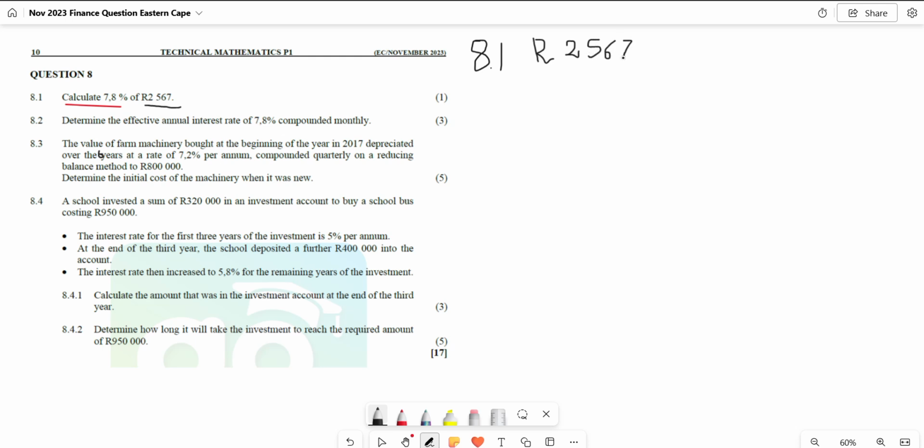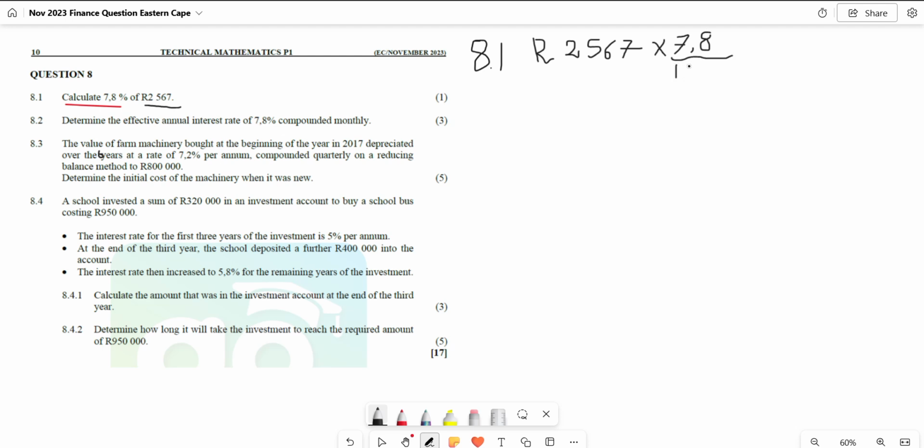2,567. Then we are going to multiply this amount by what we are required to find, which is 7.8. But we can't just multiply it by 7.8. Remember, we need to divide this percentage. We know a percentage is always over 100%.